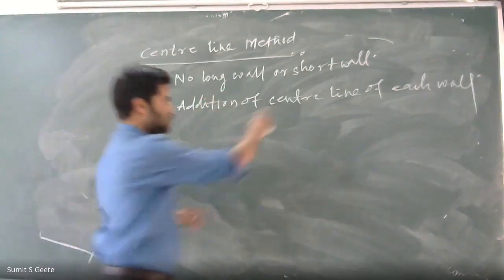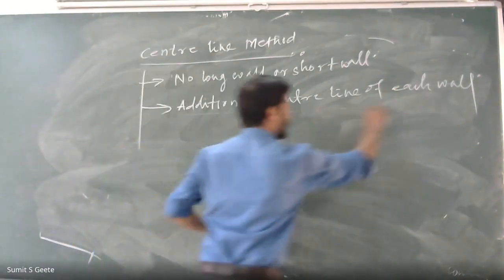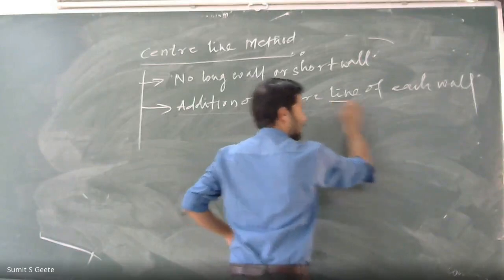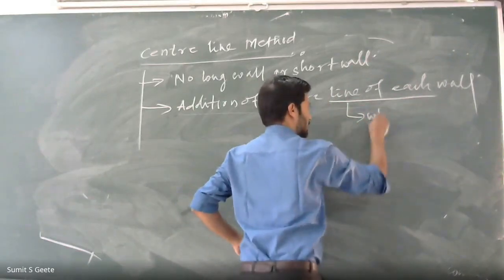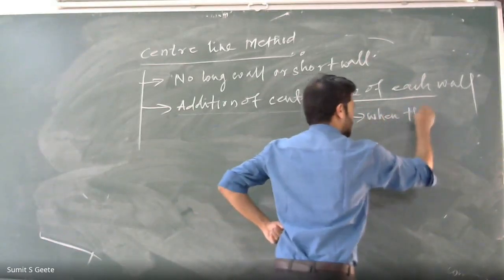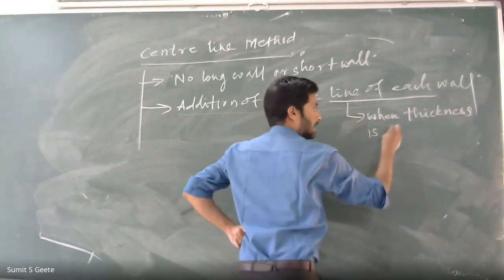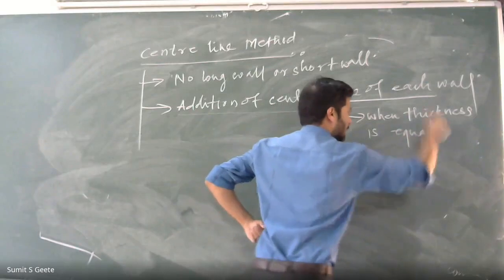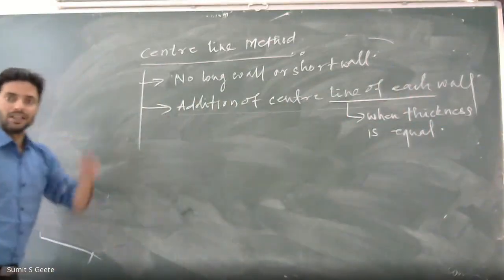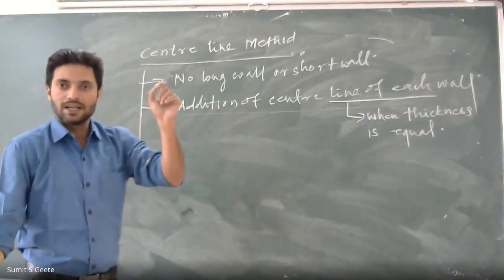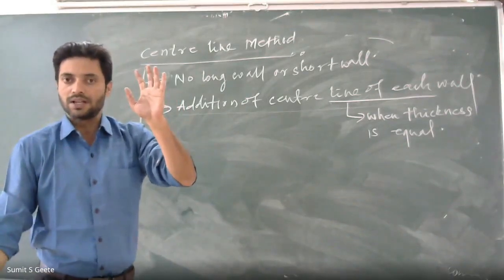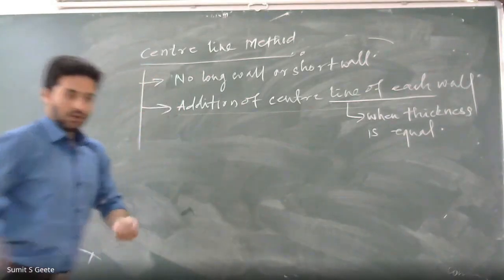So we are going to do the addition of center line of each wall when thickness is equal. When the thickness is equal, then and only then we are going to do this kind of addition. Now, we are going to understand this concept.